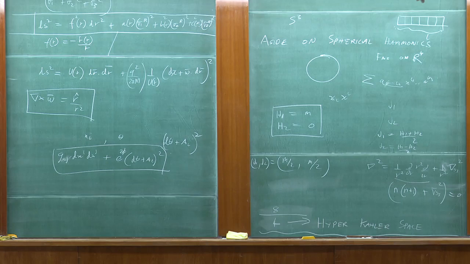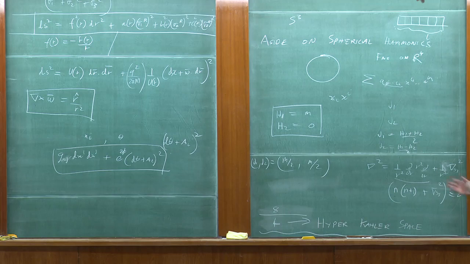Now compare that to what I've written down above. Chi is my theta, and omega dot dr is my A. So what I'm saying is that we've got this R3 times S1, but in the presence of a Kaluza-Klein gauge field. And the Kaluza-Klein gauge field is what? It's the Kaluza-Klein gauge field of a magnetic monopole.